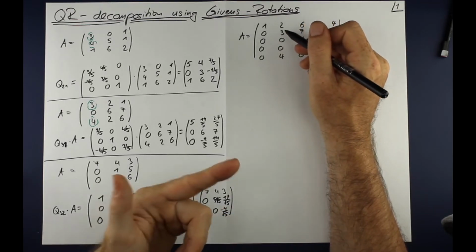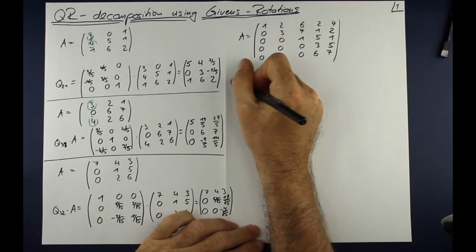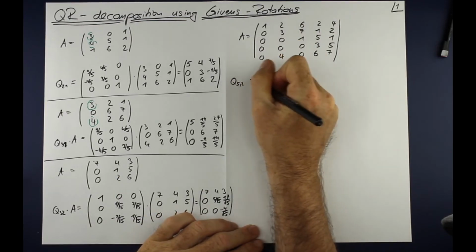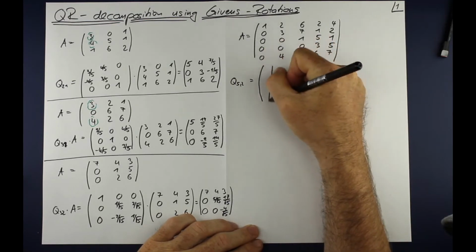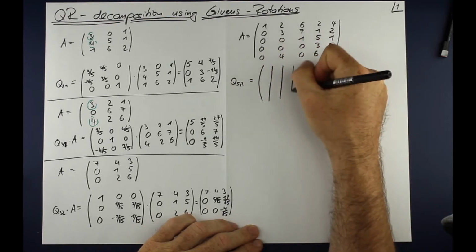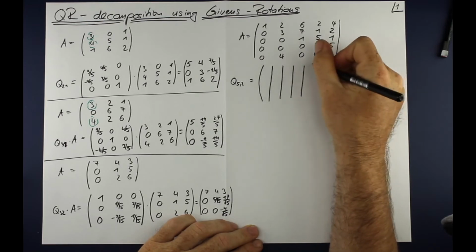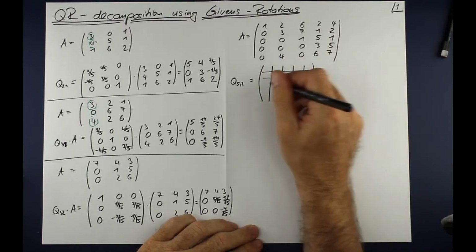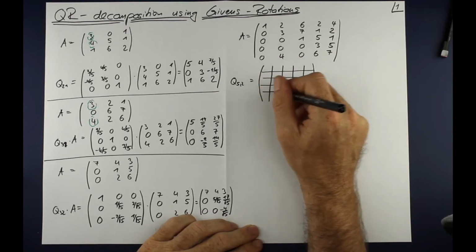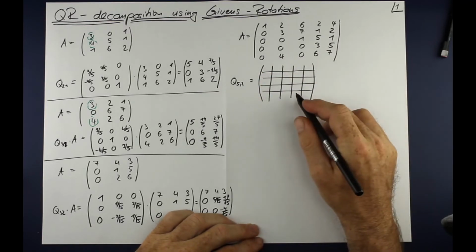So it's 2, 5. So we have Q, 5, 2. We have 1 column, 2 columns, 3, 4 and 5, and we have 1 line, 2 lines, 3 lines, 4 lines and 5 lines.